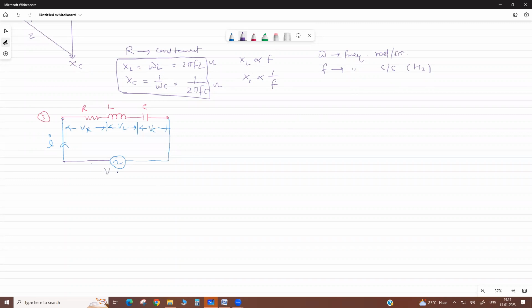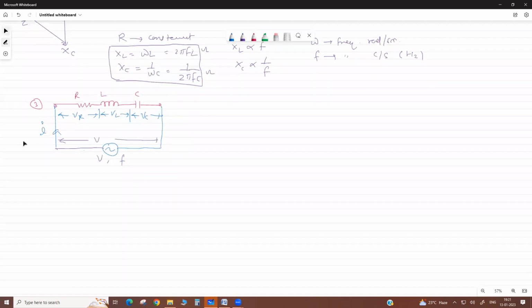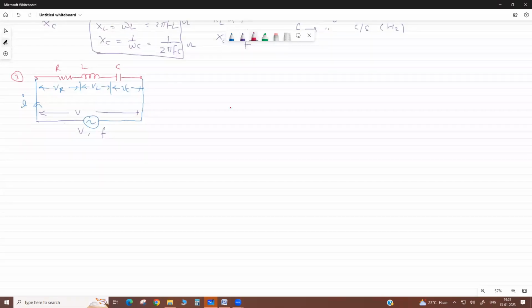So suppose here is voltage V total, and f is the frequency. Suppose this is your current, shown in red.